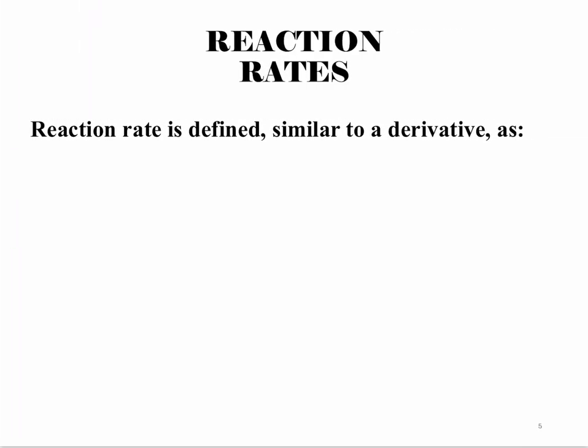All right, so then we'll actually talk about reaction rates. There are going to be a lot of the same variables we use that represent different things. The reaction rate is represented by an uppercase K, and it is the change in concentration per unit time.